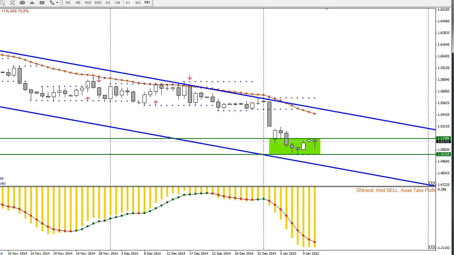That range the market is right now for the British pound is about 150 pips, so the mid range will be about 75 pips. It's quite enough, even if we work within the range, to actually make a profit. So now let's look at the hourly and see what we could have.